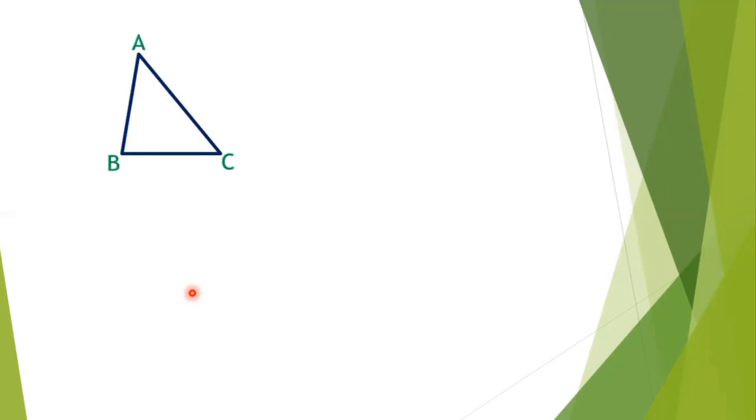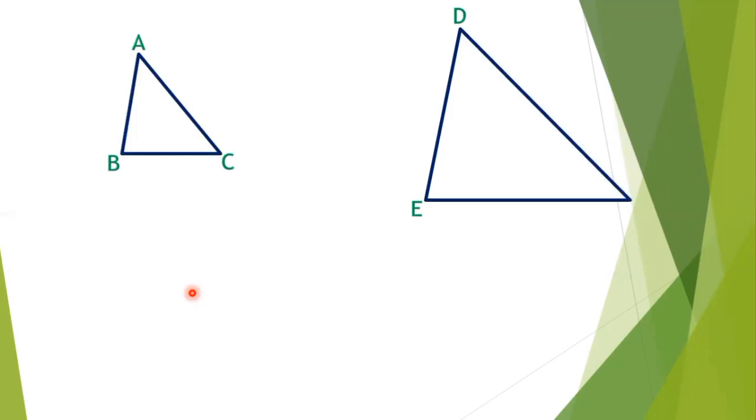Now take an example. Take two triangles, triangle ABC and triangle DEF.